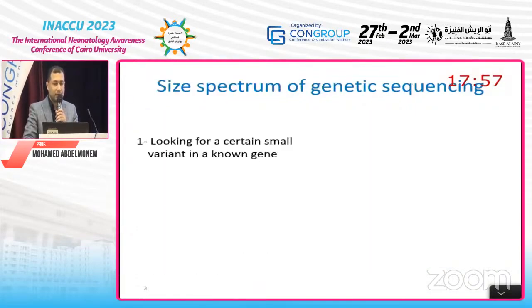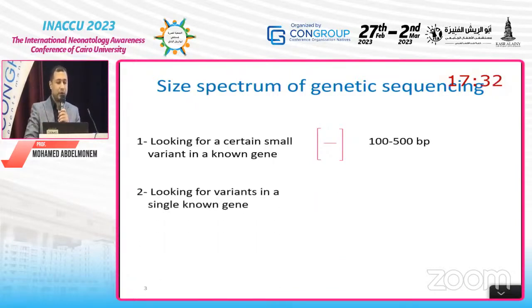To give you an idea about the size spectrum of the tests that we do for genetic sequencing, we can look for a certain small variant in a known gene. If we know the causative or the pathogenic variant in a certain family, we can look for this variant specifically, and we usually do a small sequencing of one exon, between 100 and 500 base pairs.